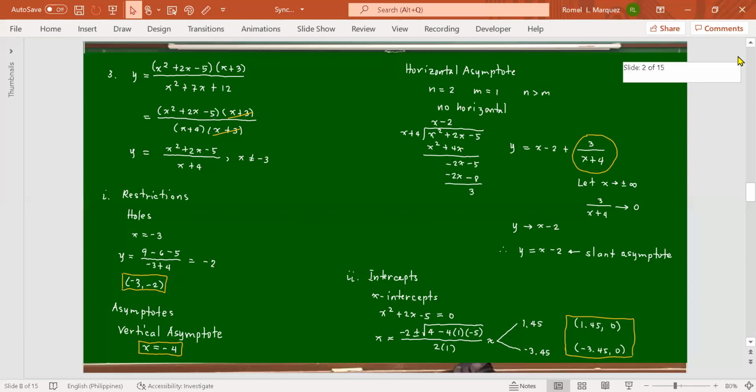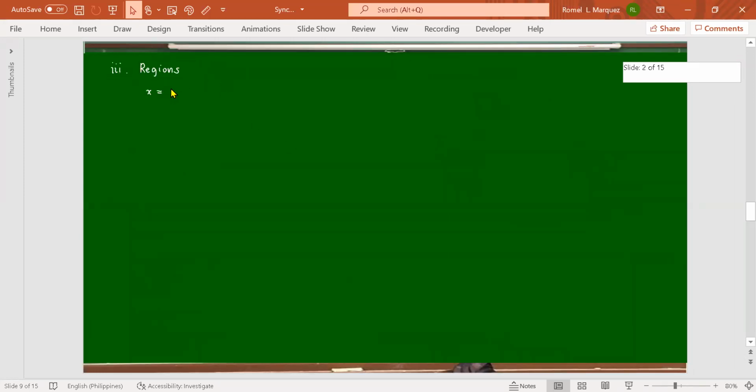Ano yung x-intercepts natin? 1.45, negative 3.45. What else? Vertical asymptote, negative 4. Tatlo lang, no? Ang regions natin. Correct, children? Yes po.